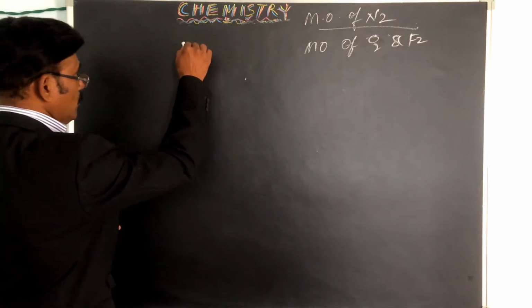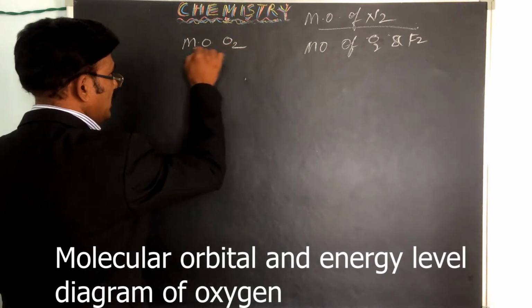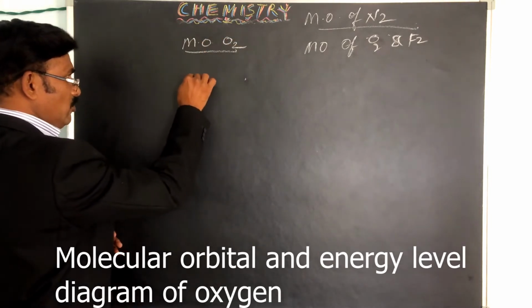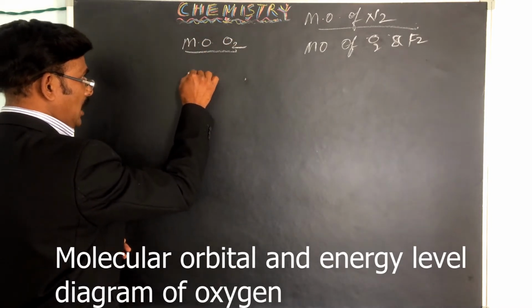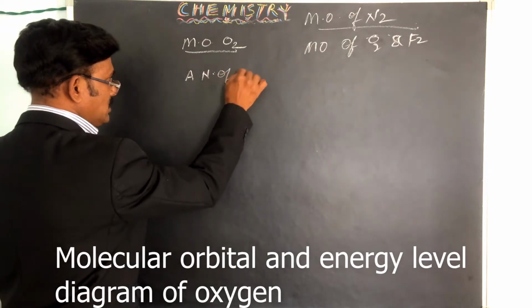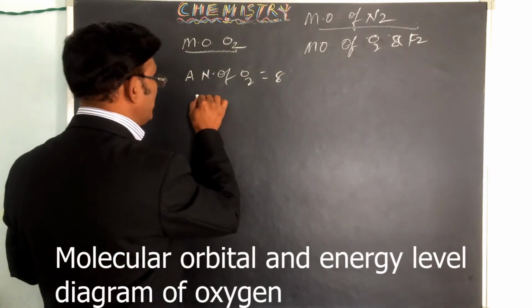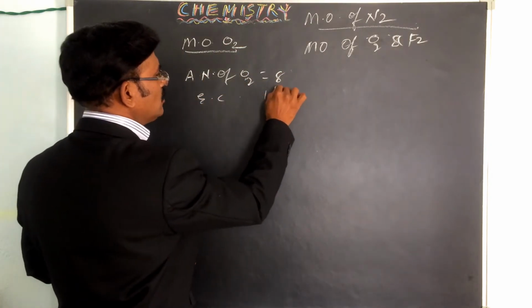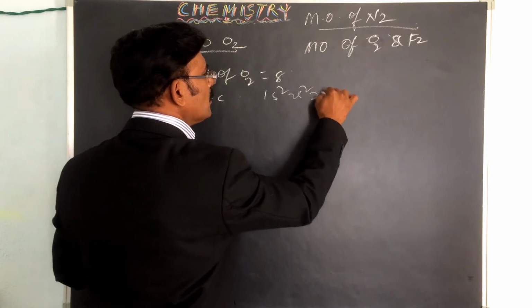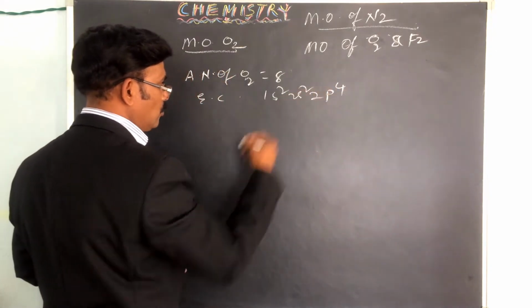Today, the molecular orbital of oxygen. First we have to know the atomic number of oxygen, 8, and the electron configuration, 1s2, 2s2, 2p4.